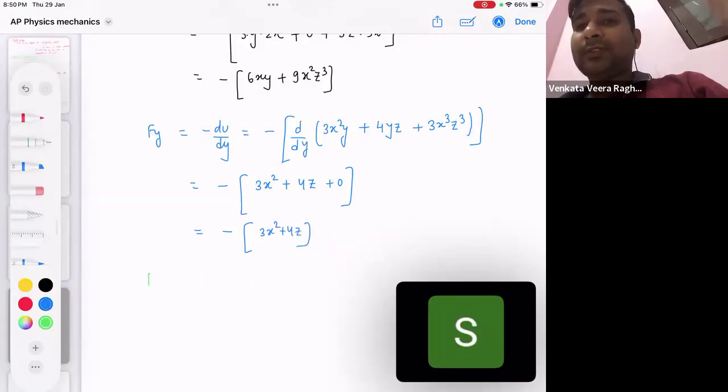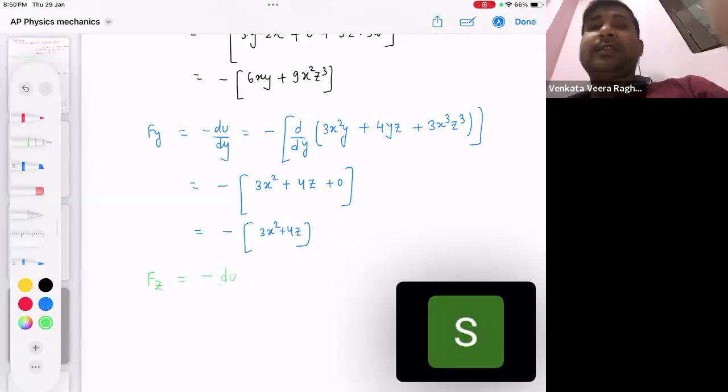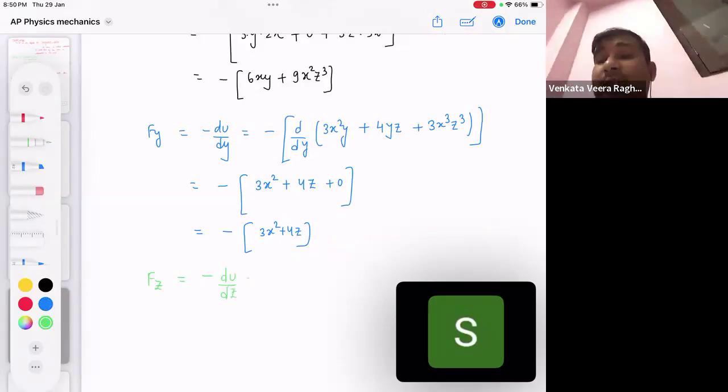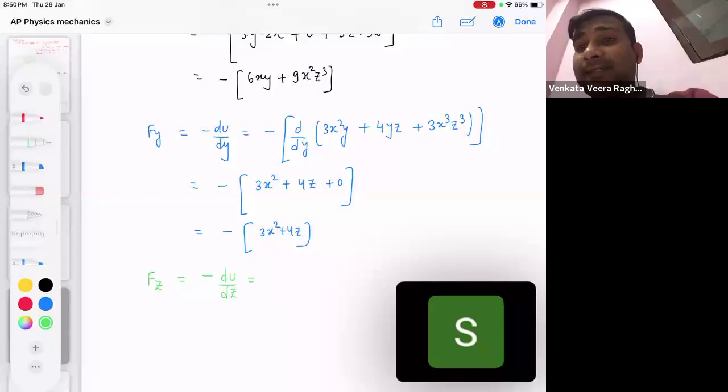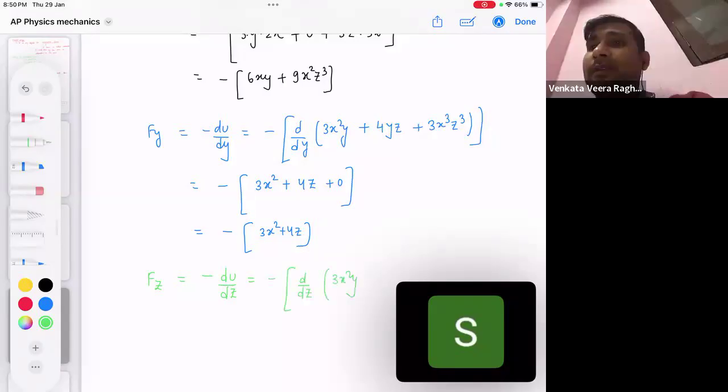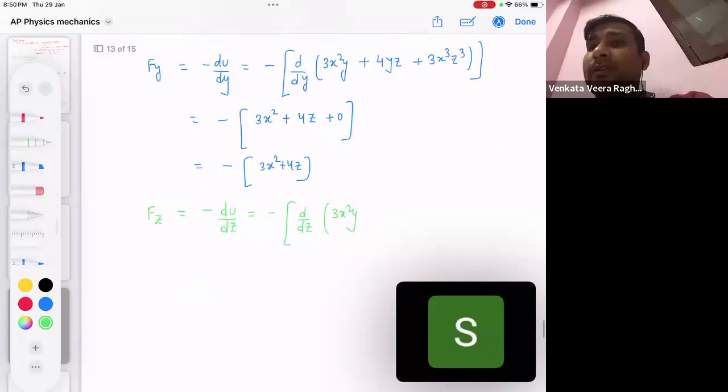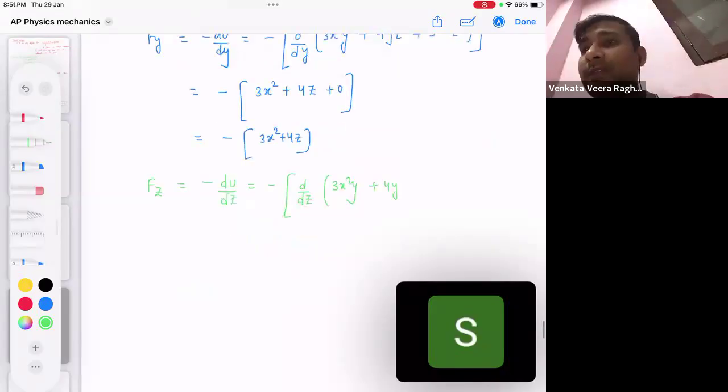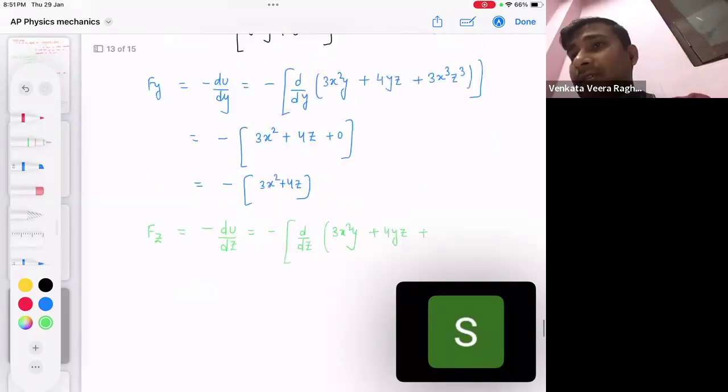Now we'll calculate Fz. Fz means now we have to differentiate partially with respect to z. So we will write minus d by dz of the first term 3x squared y, second term 4yz, third term 3x cube z cube.